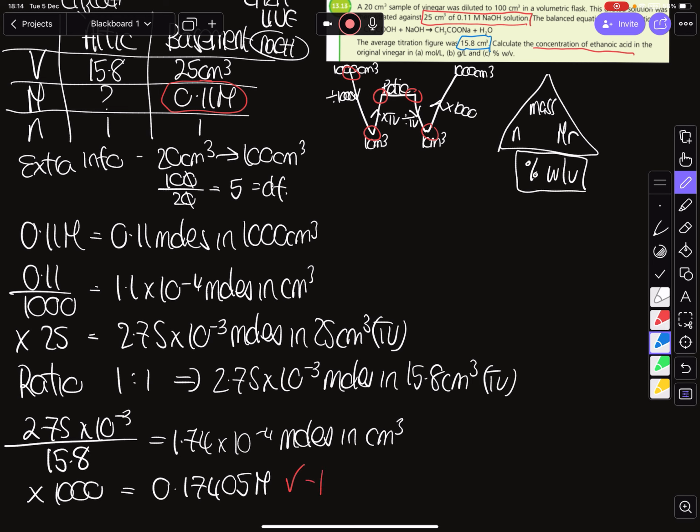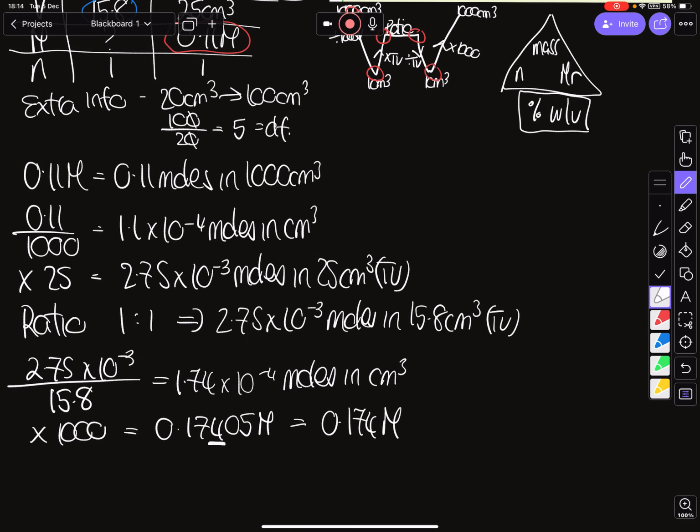If I have a look at my table up here, this 15.8 is 3 significant figures. So I am going to be interested in the 3 significant figures, which brings me to 0.174. The 0 is not going to make it round up. So 0.174 big M.